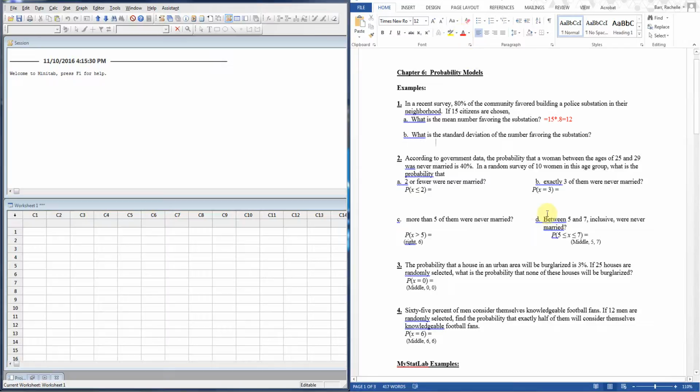And then the standard deviation is a little bit more complicated. I have to do the square root of 15 times 0.8 times 0.2. So one of the quick and dandy ways you can get around this is, I'm just going to write QRT for square root.